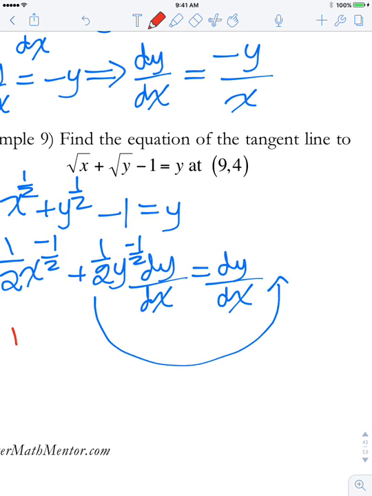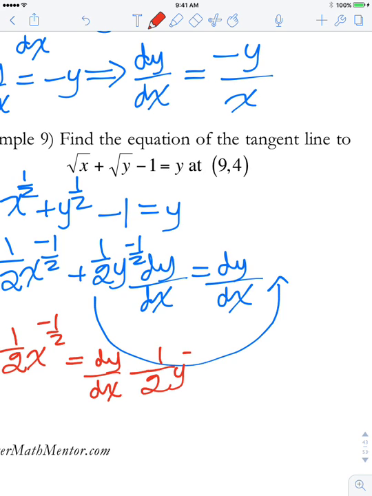All right, so I have 1/2 x to the negative 1/2 equals dy dx minus 1/2 y to the negative 1/2 dy dx. Okay, so again, remember, I want to get dy dx by itself. This should have been minus. I subtracted from both sides.